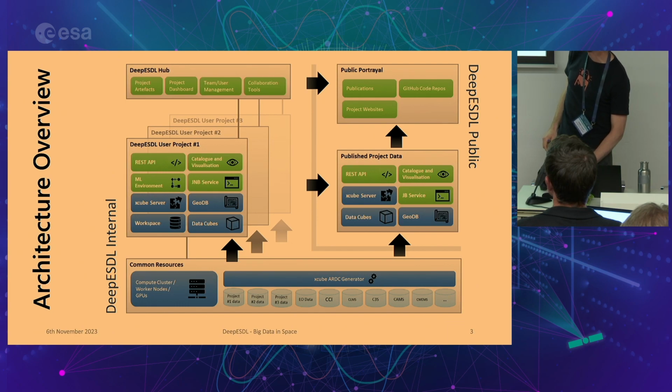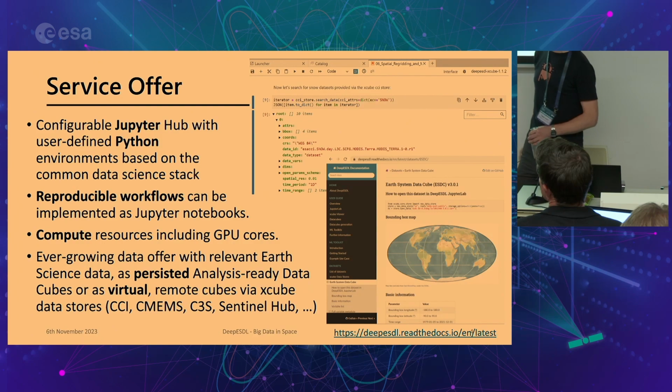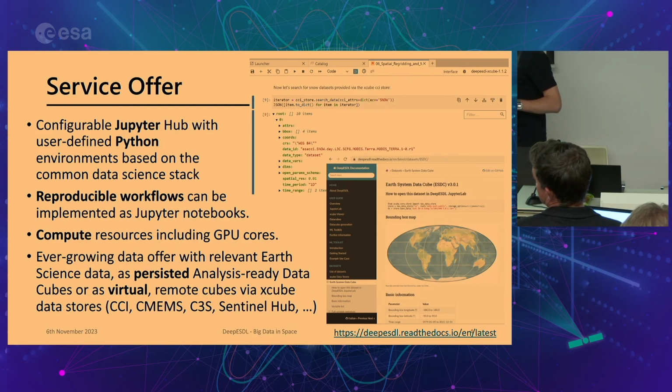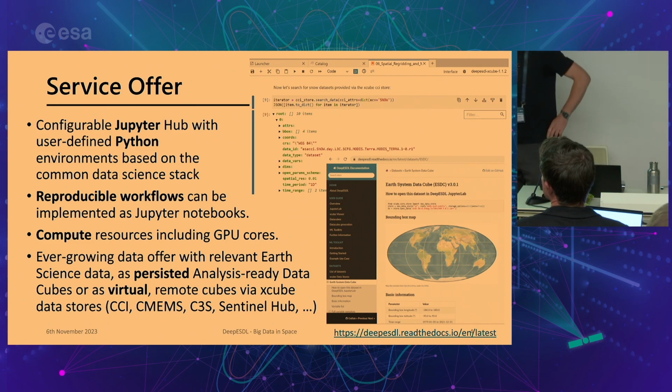So going a bit further into some of the things that came up on that block diagram. The core services I mentioned is the JupyterHub with the pre-configured user-defined Python environments.